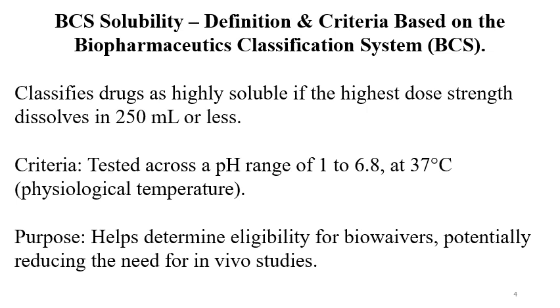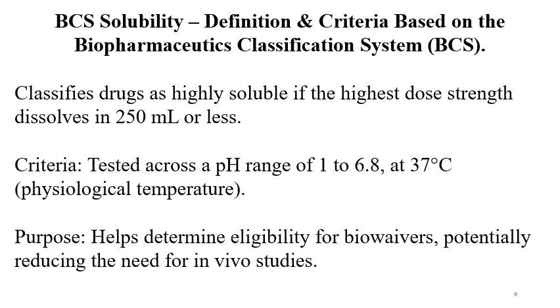While as per some of the guidelines like ICH or EP, EMA guideline, the highest single time dose that may be more than the highest strength should dissolve in 250 ml of media or less.